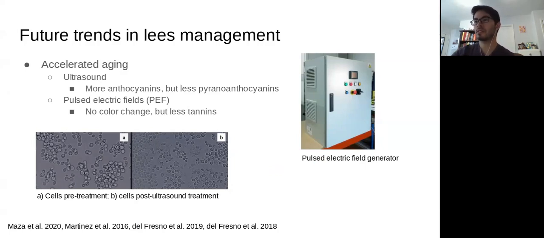Anyway, the results of PEF treatment are generally more favorable than that of ultrasound. We don't normally see a change in color, but there is usually significantly less tannin concentration than the untreated wines aged on lees. So anyway, these methods are being actively researched because while the results aren't perfect yet, they still do hold quite a bit of promise.